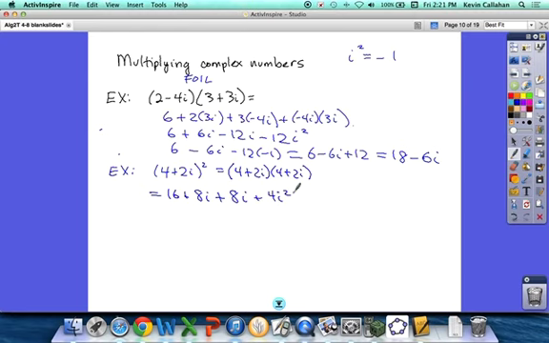So you can add the i terms, 8i plus 8i. 16 plus 16i, and then 4i squared is minus 4, because remember, 4 times negative 1. So now you can simplify. 16 minus 4 is 12. 12 plus 16i.